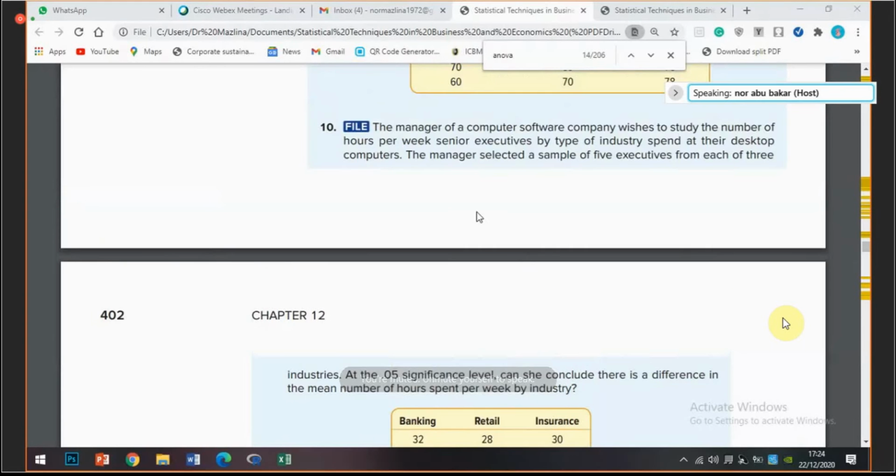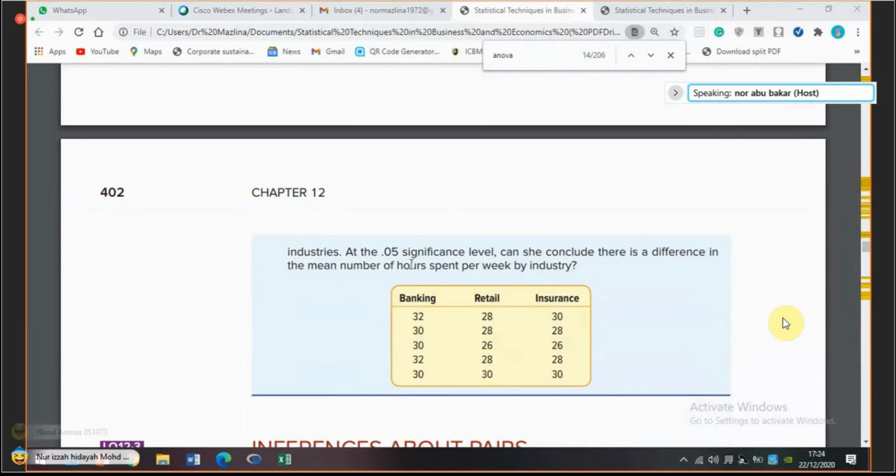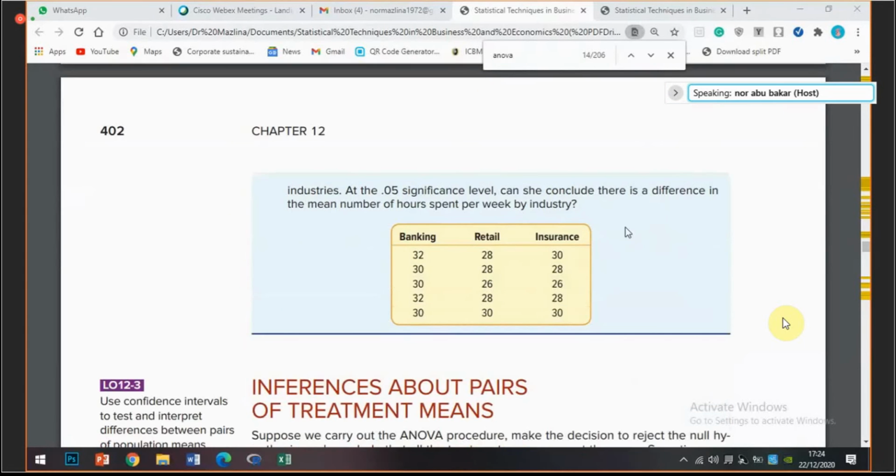Okay, so they want you to test whether there is a significant difference among these 3 industries on the average number of hours per week spent at their desktop computers. So actually you can guess from the mean and standard deviation if you find them.